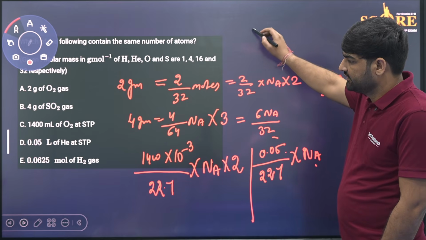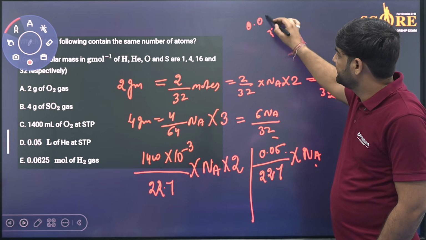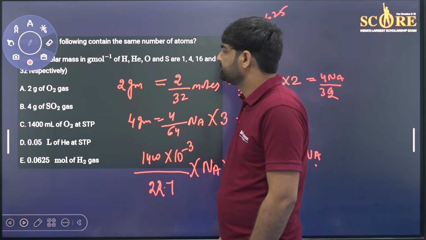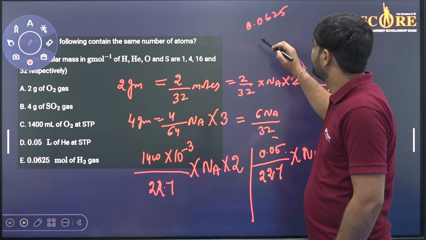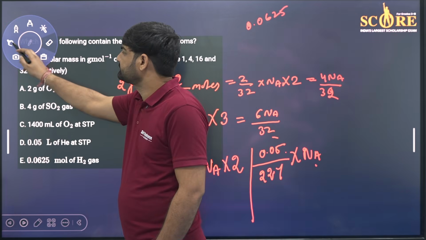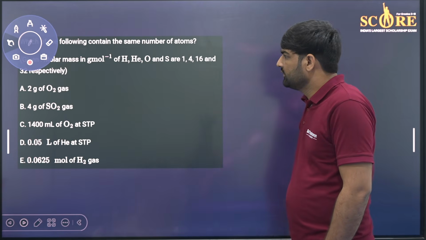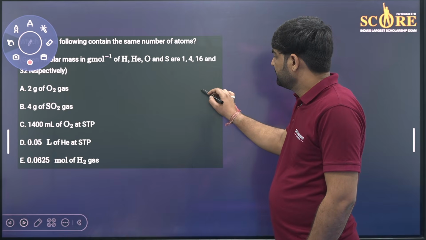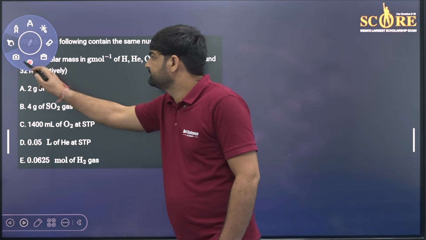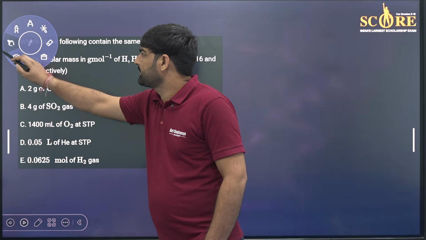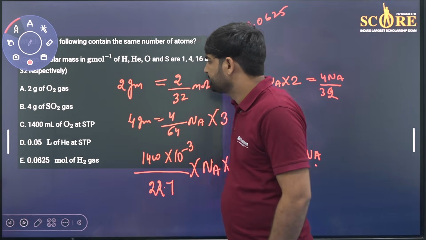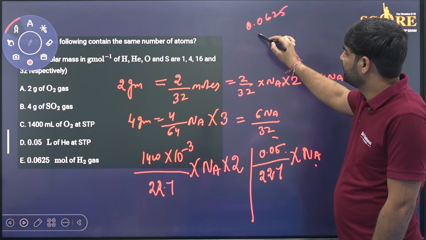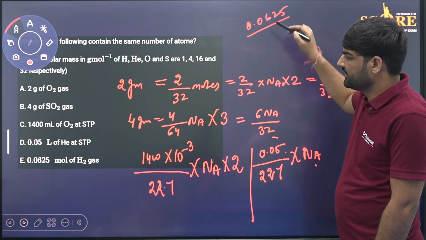Now in the last, 0.0625, this is mole of H2.